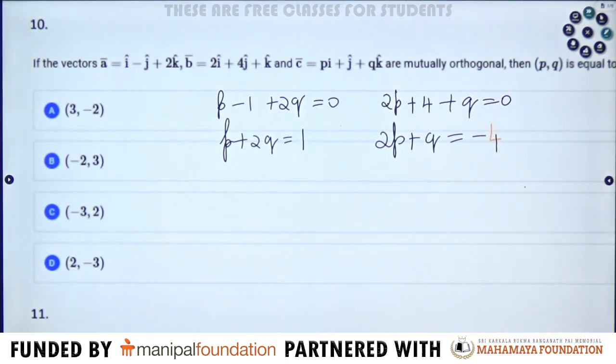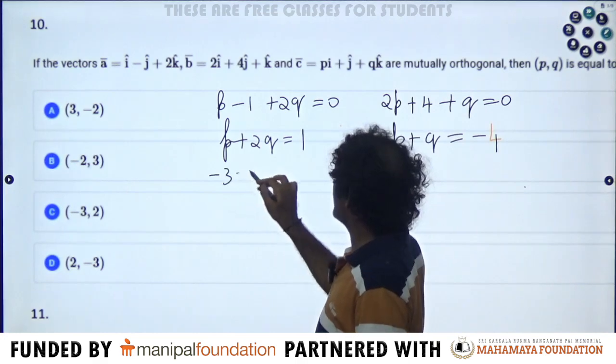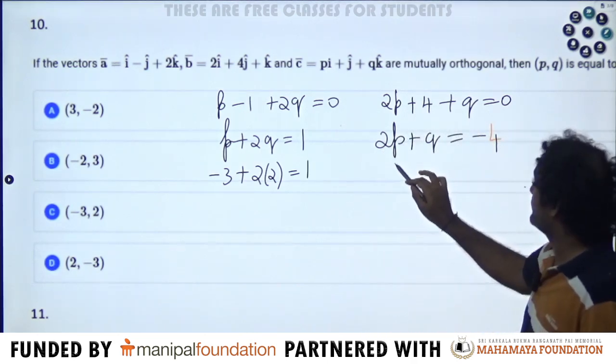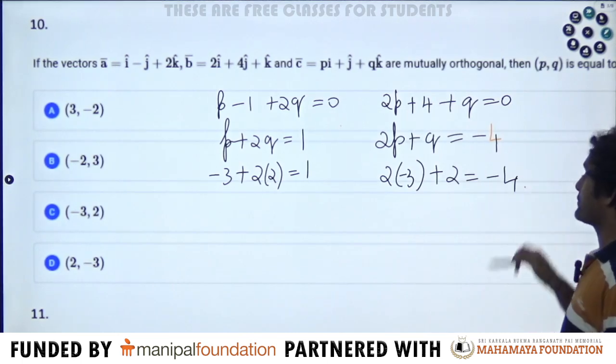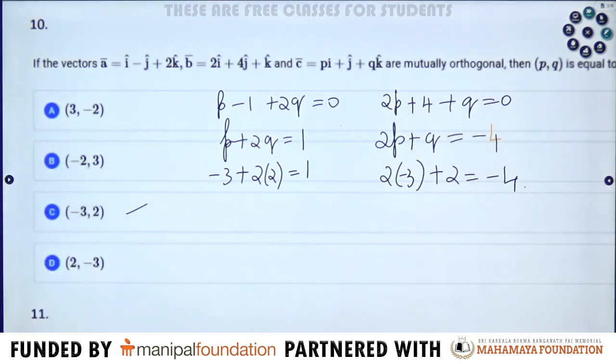You can solve it, or else take the answers and substitute: put minus 3 and 2, the option C, and check. Minus 3 and 2 fits here, and 2 into minus 3 plus 2 is also minus 4. So option C, right, okay? That is how we do it. Is that okay?